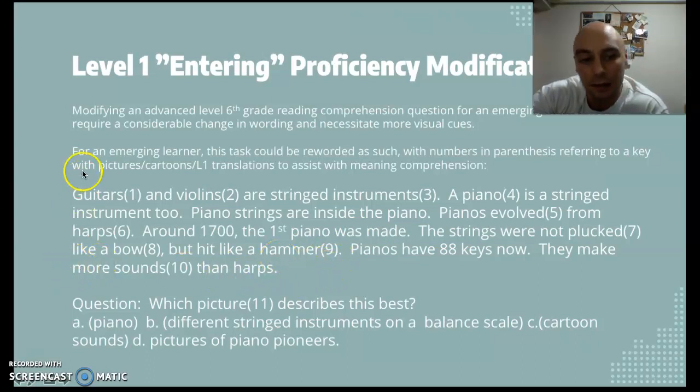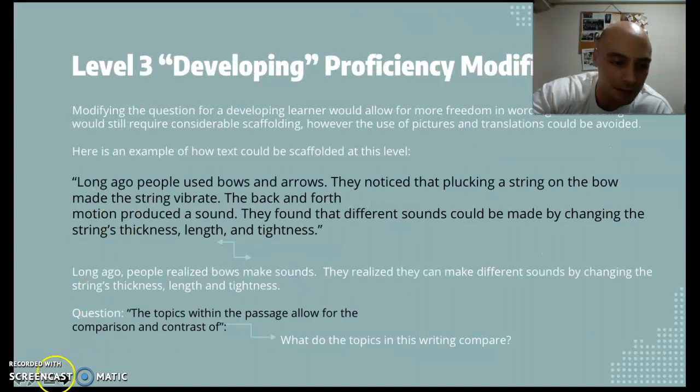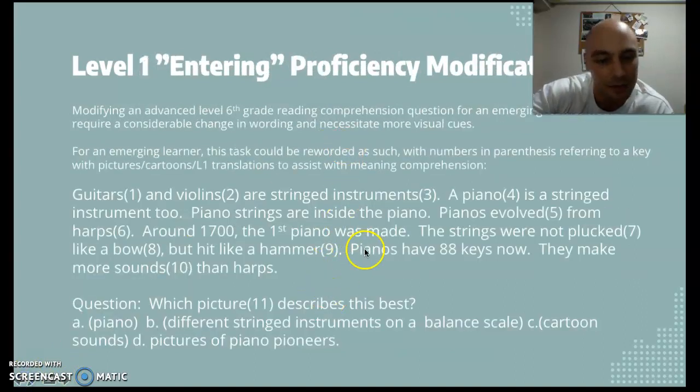But in this simplified version, instruments are still being compared, even in this really simple English. It's about pianos, but the instruments are what's being compared. So I'm still testing the same thing in the simplest way possible for an early learner of a language.